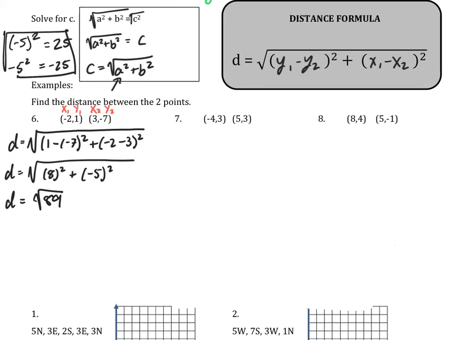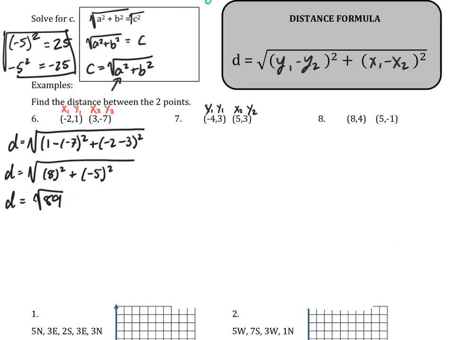So let's go ahead and do a couple more of these just to get a hang of them and see what they look like. Okay, so next up, we've got negative 4 and 3, 5 and 3. So that's x1 and y1, x2, y2. The biggest thing here is just to make sure that you're plugging it into your formula correctly.